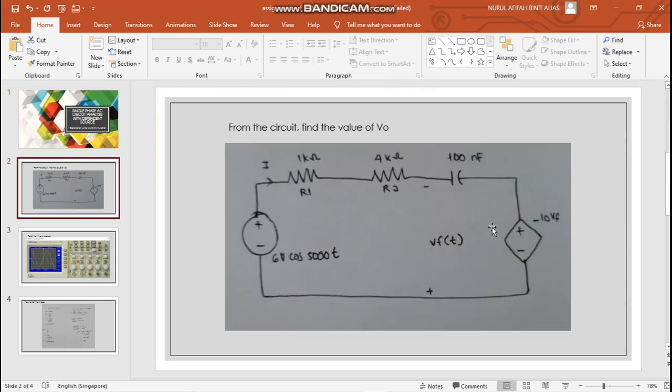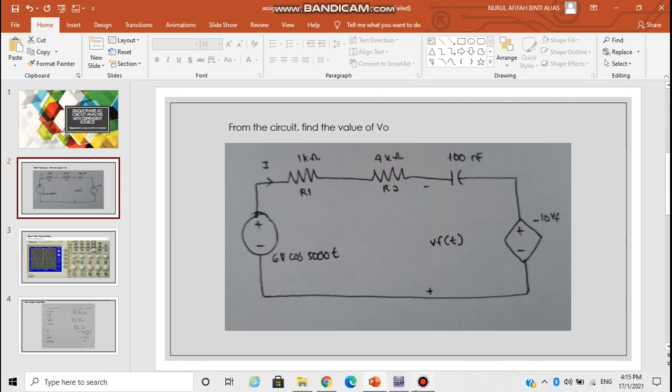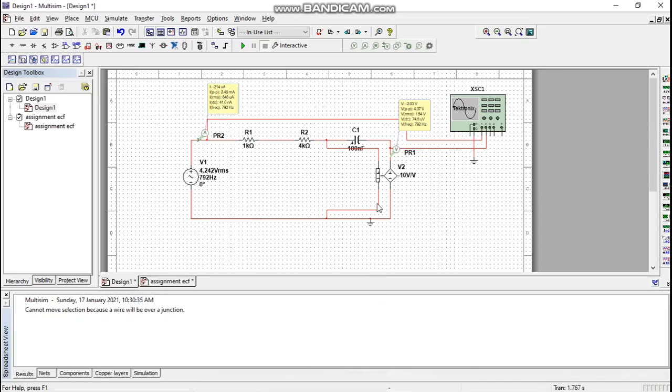So this is the question that we have taken, which is to find the value of V0. From the question, as you can see, the circuit is using a dependent voltage source. I'm going to show you the Multisim circuit that I already constructed for the simulation.